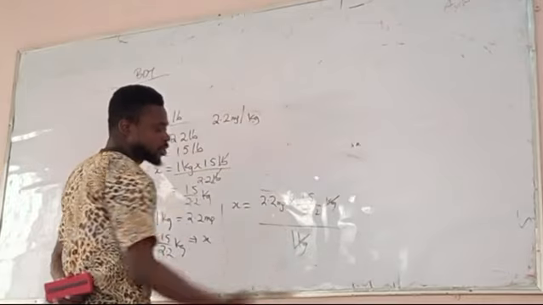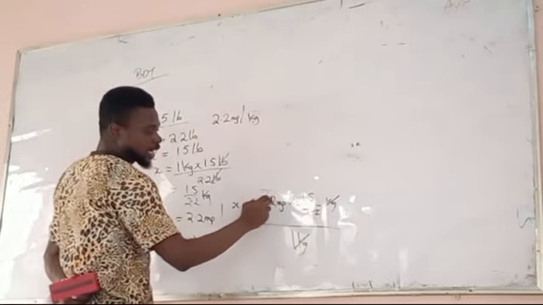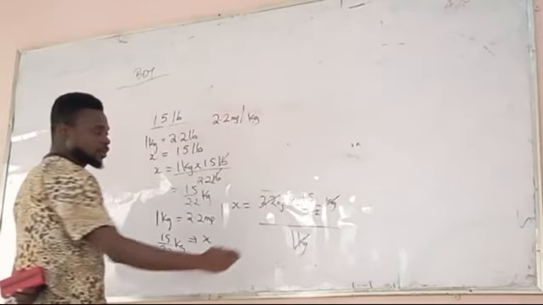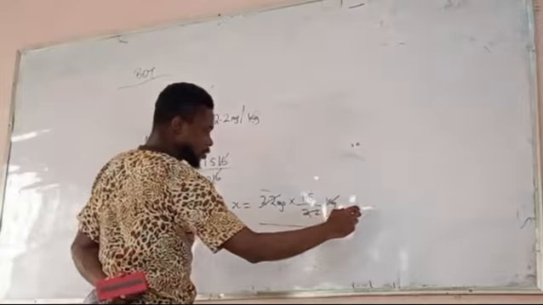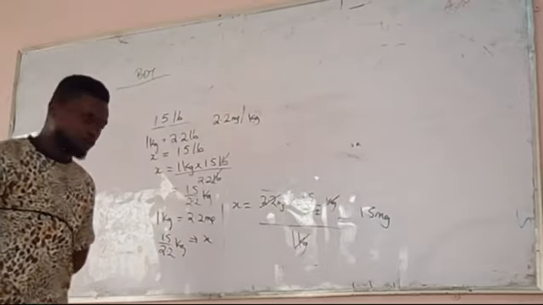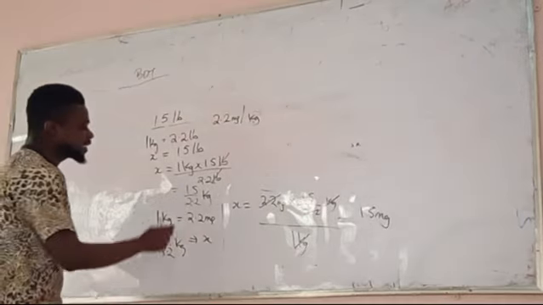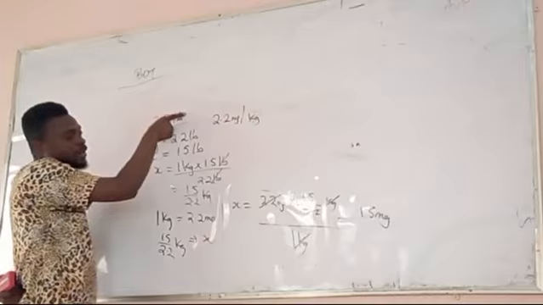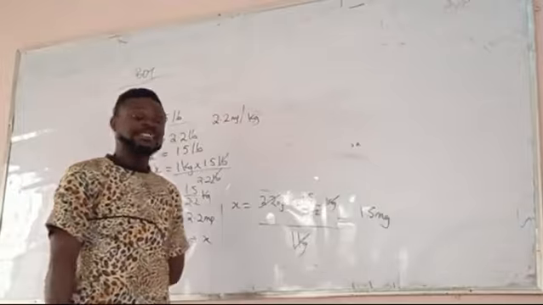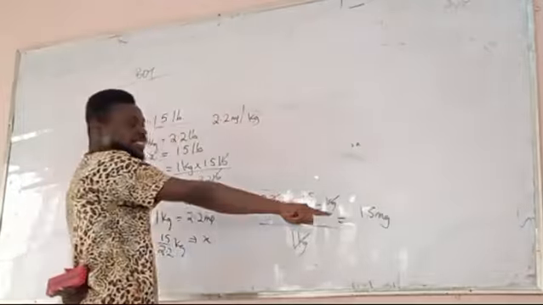Kilogram will cancel kilogram. 2.2 will cancel 2.2. So we have 15 times 1 milligram, which gives us 15 milligrams. So a patient with a weight of 15 pounds will need 15 milligrams of doxycycline.